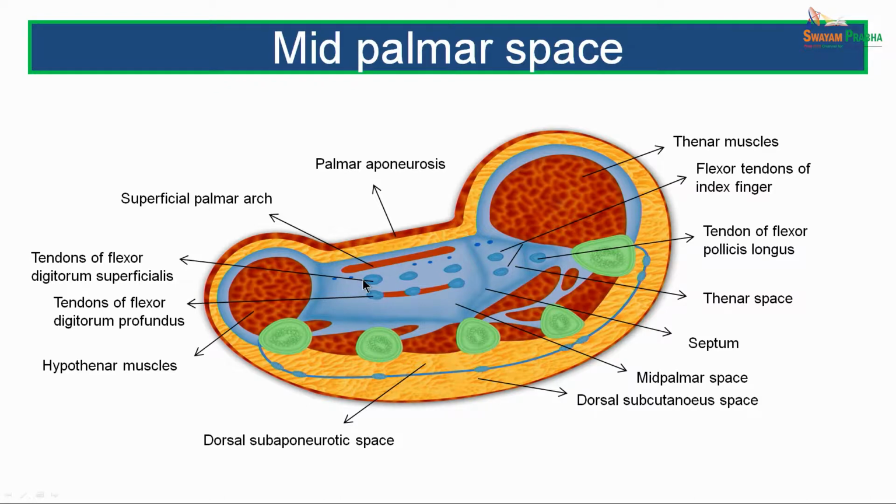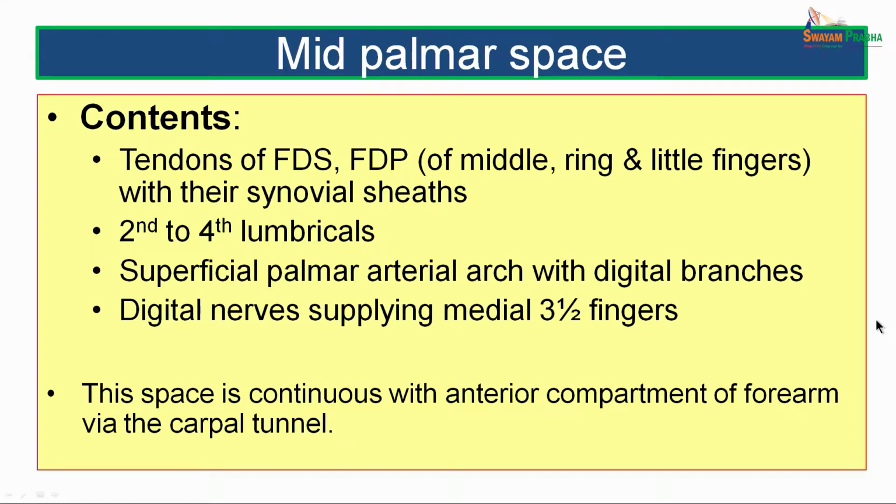The contents of the mid-palmar space would be the tendons of flexor digitorum superficialis and the tendons of flexor digitorum profundus meant for the middle, ring and the little fingers, only those going to the middle, ring and little fingers, along with their synovial sheaths; the second, third and fourth lumbrical muscles; the superficial palmar arterial arch with the digital branches, and the digital nerves supplying the medial 3.5 fingers.